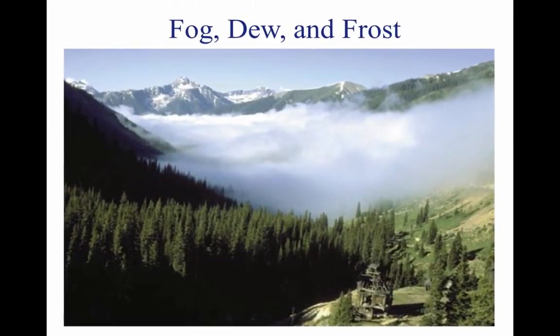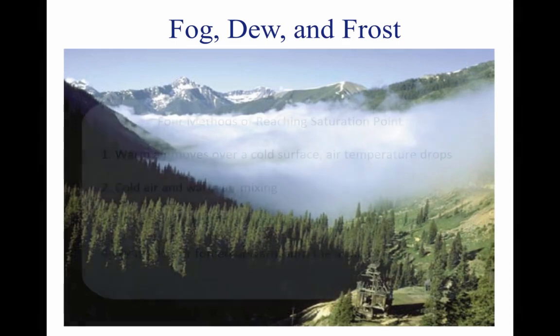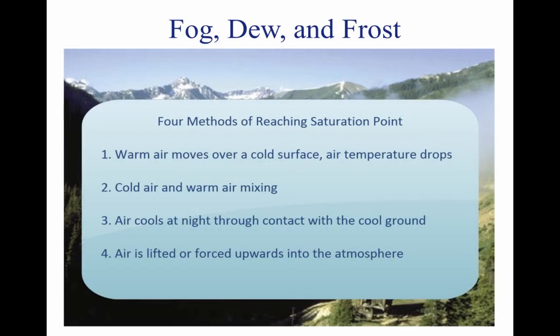If air reaches the saturation point while temperature and dew point are close together, it is highly likely that fog, low clouds, and precipitation will form. There are 4 methods by which air can reach the complete saturation point. First, when warm air moves over a cold surface, the air temperature drops and reaches the saturation point.